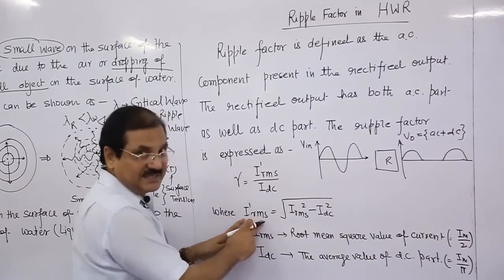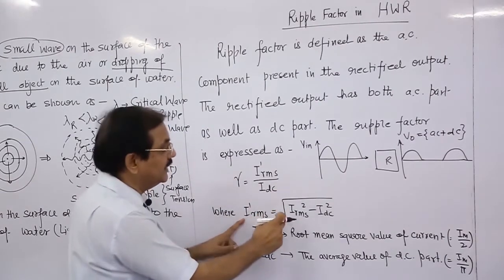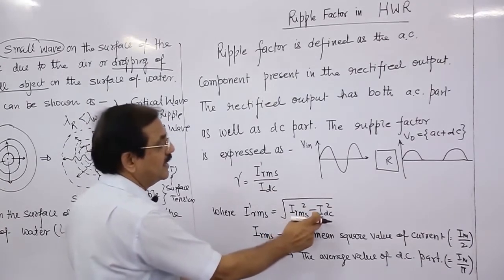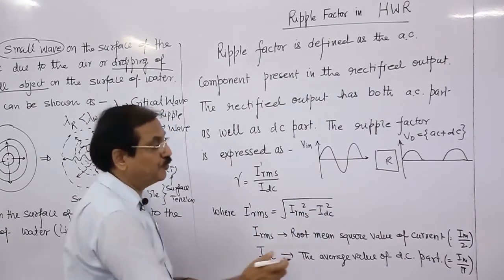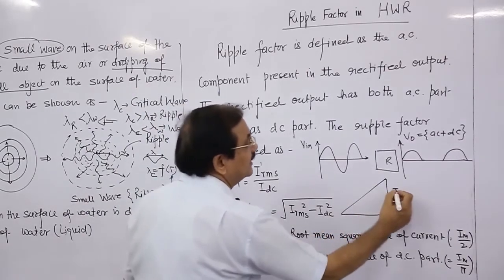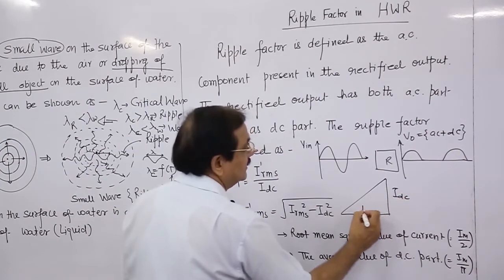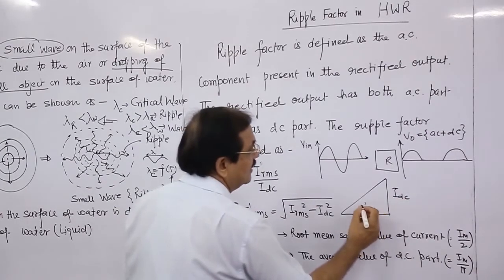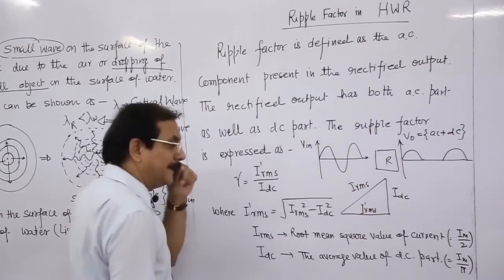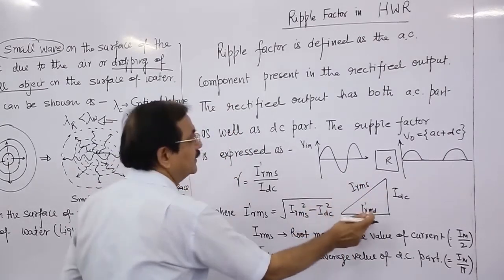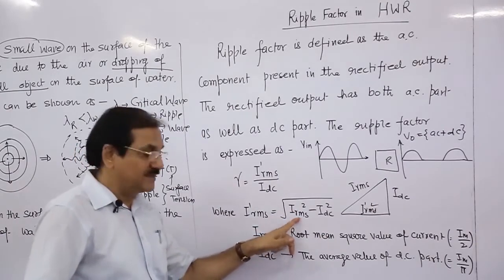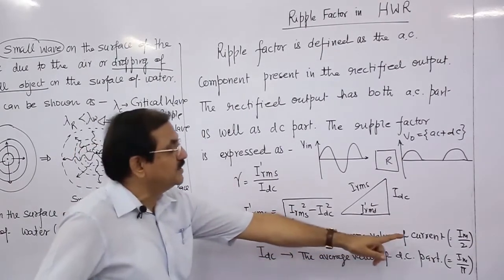I dash RMS is nothing but the square root of I RMS squared minus I DC squared. If you visualize this, this is I DC, this is I dash RMS, and here it is I RMS, the root mean square.